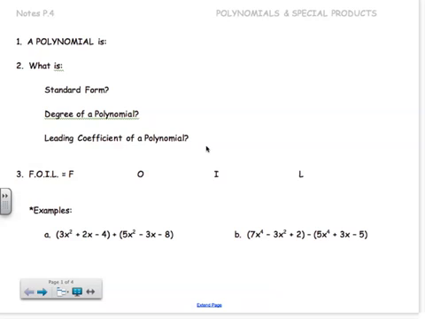And so when we're thinking about a polynomial, I'm just going to make up a polynomial.